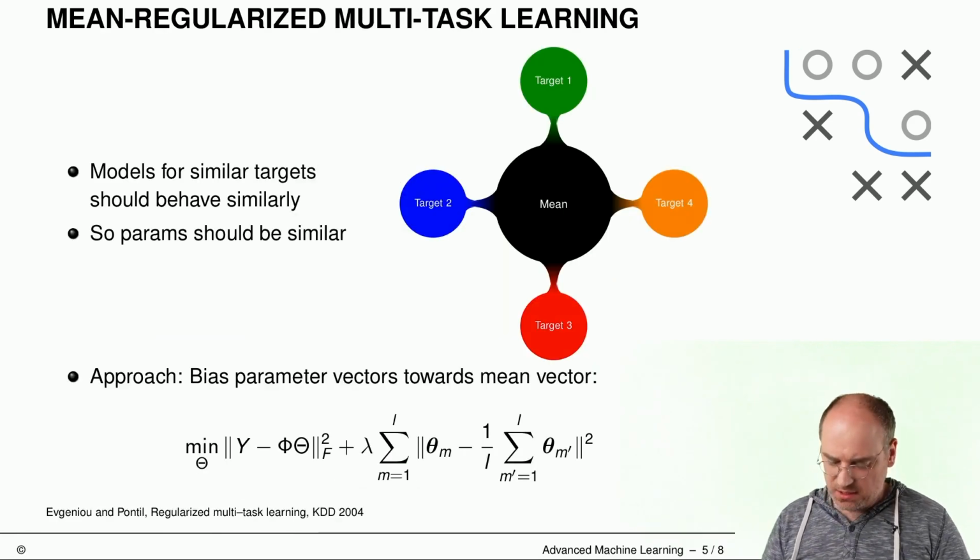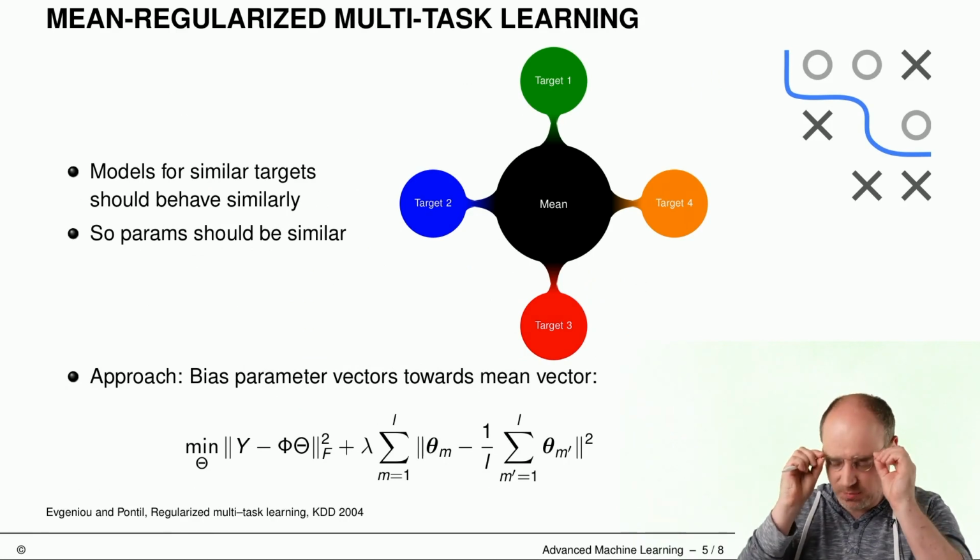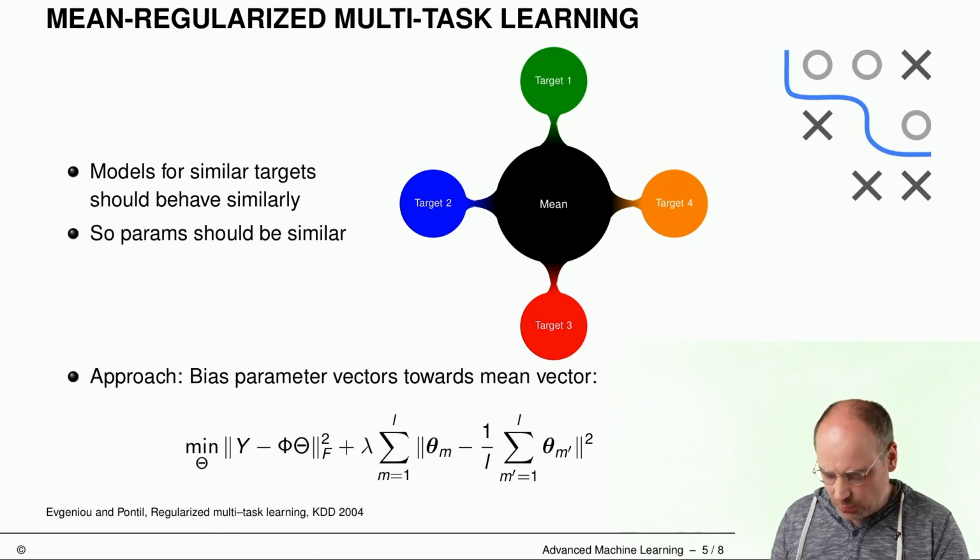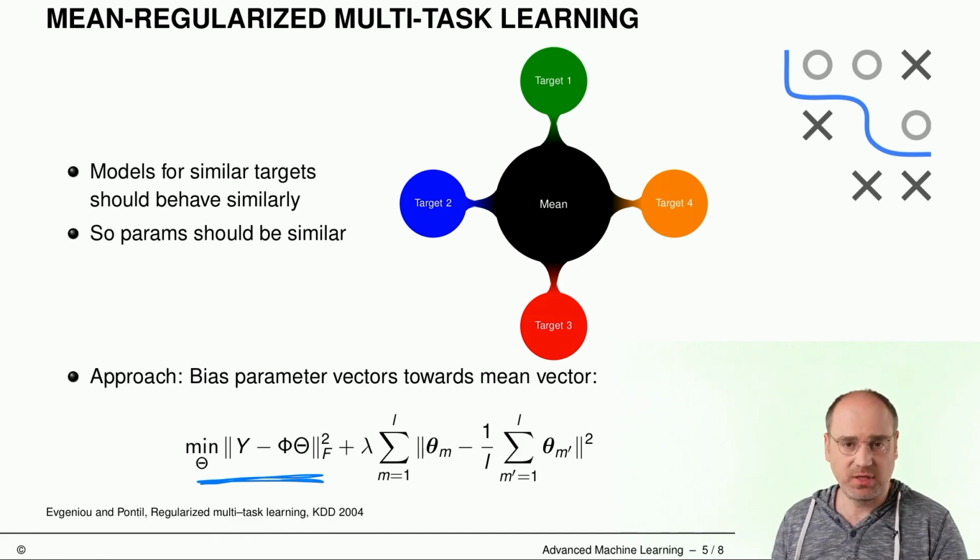A second technique would be mean regularization. This is also pretty simple to explain, and I guess we could do that for different models, but here it is explained again for this multi-target linear regression setup. As the first component here, we have again this joint SSE over all of the columns, as we have discussed before.